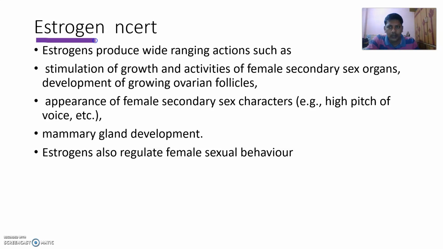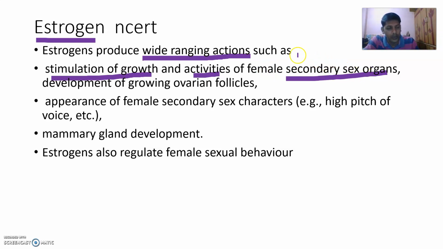Okay, now let us talk about the two hormones that are produced by the ovary. One is estrogen. Estrogen produces wide-ranging actions, such as, one, stimulation of growth and activities of the female secondary sex organs. The female primary sex organs are the ovaries.